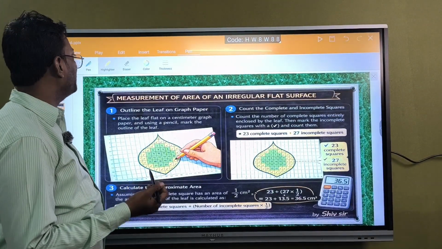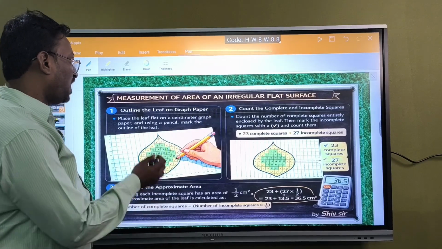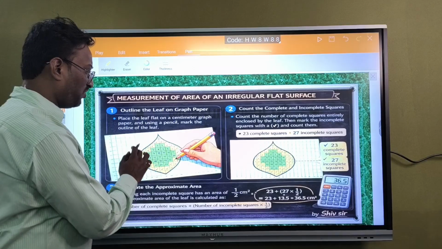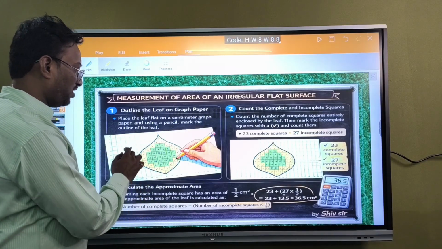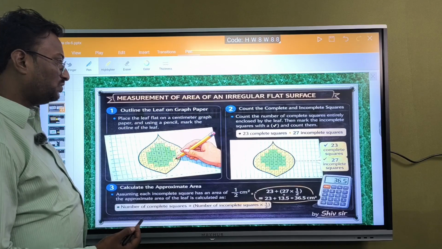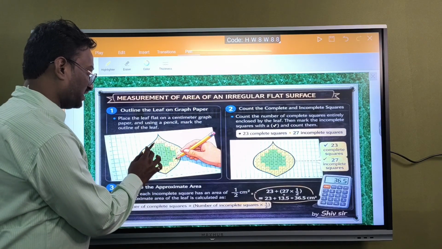So, measurement of area of an irregular surface, flat surface, outline of a leaf. Take a graph paper and put a leaf on it. Try to make an outline of the leaf and then count the exact squares, I mean complete squares.